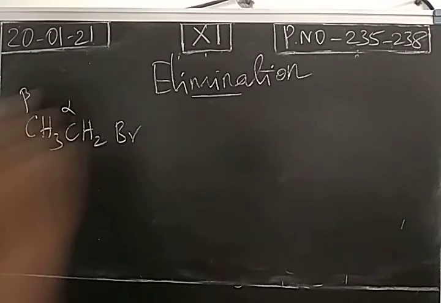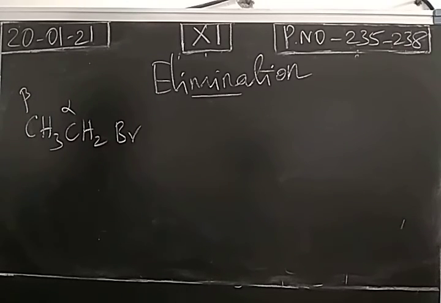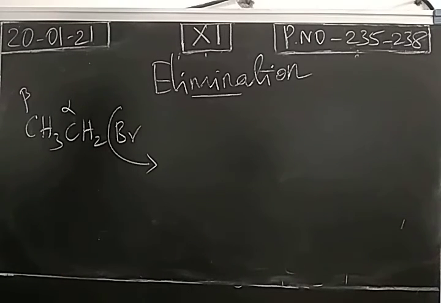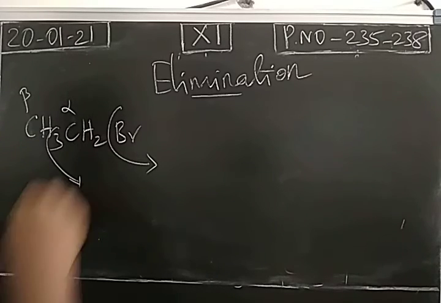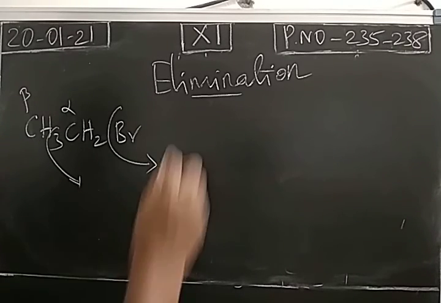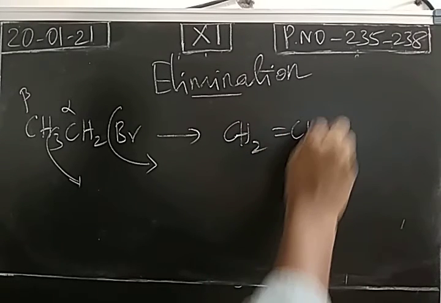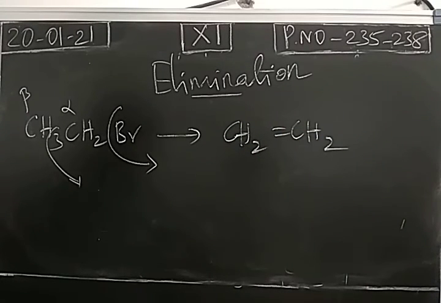Now usually in elimination reaction, halogen will leave from alpha carbon and hydrogen will leave from beta carbon. So this bromine will leave from the alpha carbon. Out of 3 hydrogen atoms, 1 hydrogen will leave from beta carbon. So we will get alkene. And this is because of a nucleophile, or we can say base.